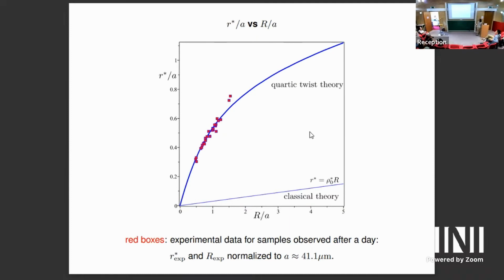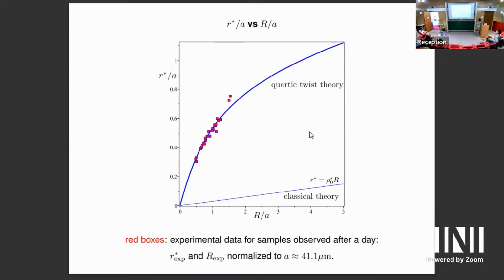And we see that the distribution of R star is non-linear as a function of R. And here R star and R from the experiments are normalized to this characteristic length estimated for the samples observed after 1 day, because all the data belongs to these samples.